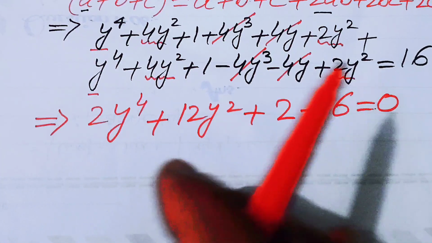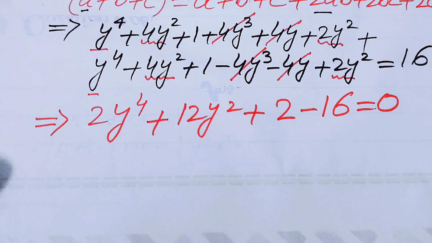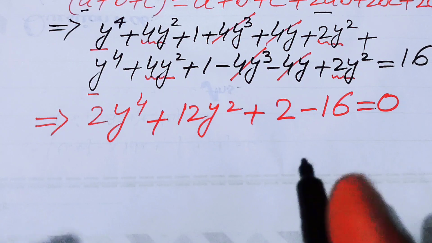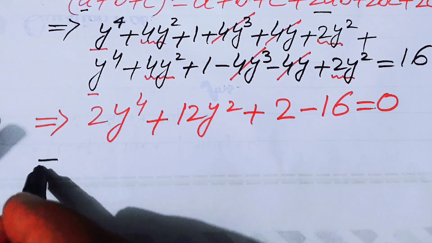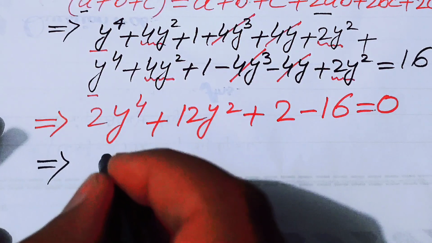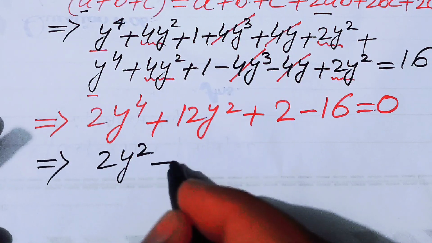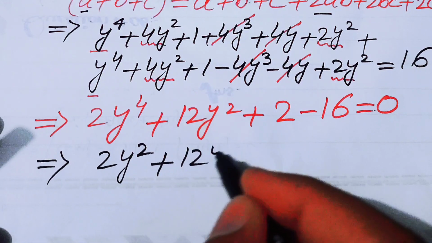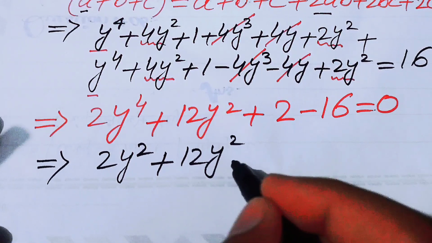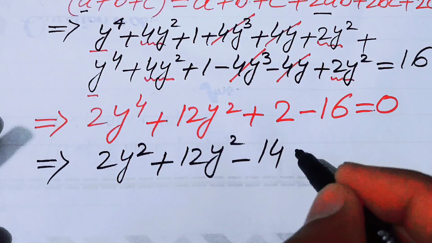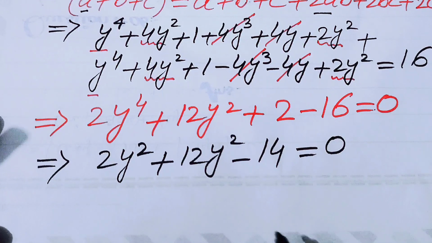So after a little bit of simplification you can get the output in this form, and after this step we will again make some simplification here. So you get 2 times y to the fourth plus 12y squared minus 14 is equal to 0.